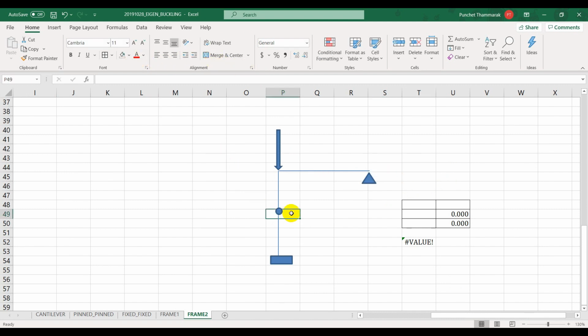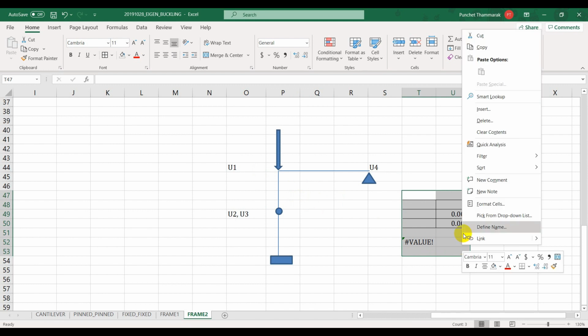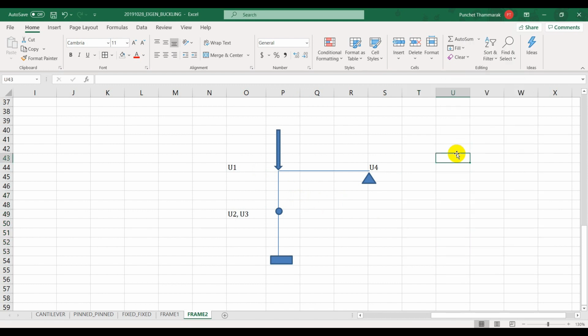Okay, so U1 and U2, no. Where was it supposed to be? U1, U2. Oh, you have just one U1 here, U2, U3. U2 is a translation, and here is the U4. Okay. U2 transverse deformation, U3 rotation.